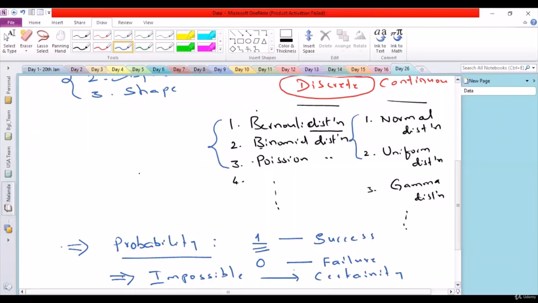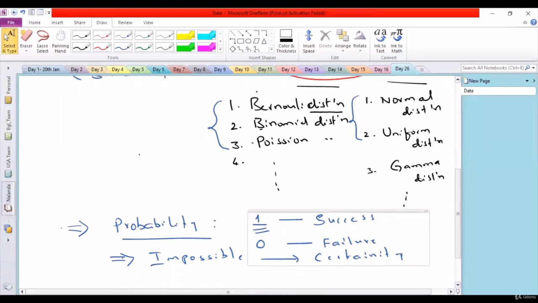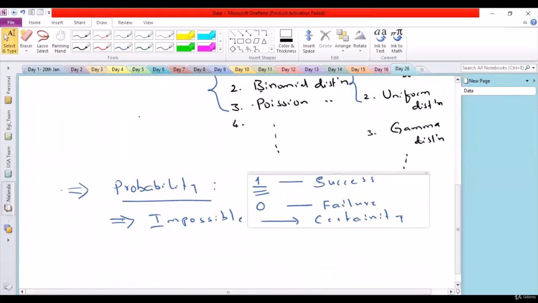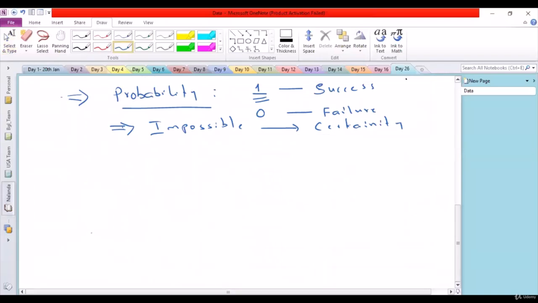If you know the data distribution, within the distribution there is a mechanism for you to find out the probabilities. When I'm talking about probabilities, naturally what should come to your mind is the histogram. Do you guys remember?